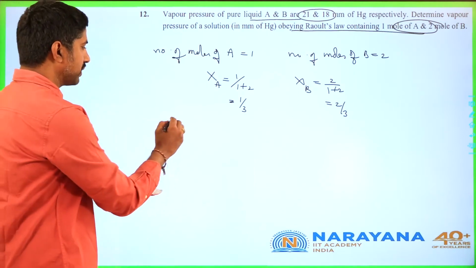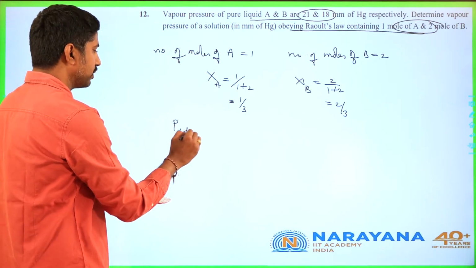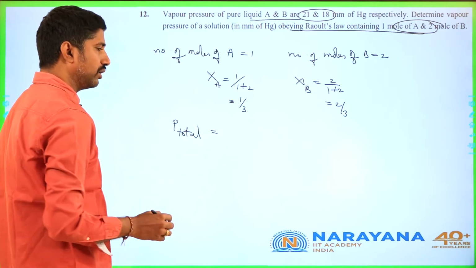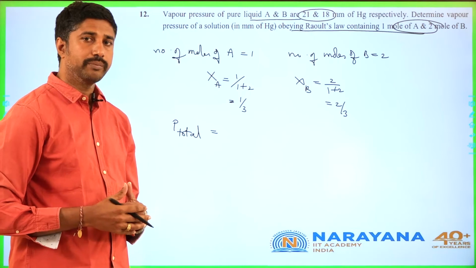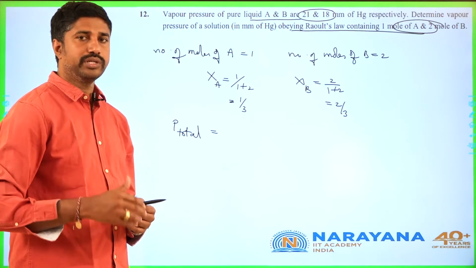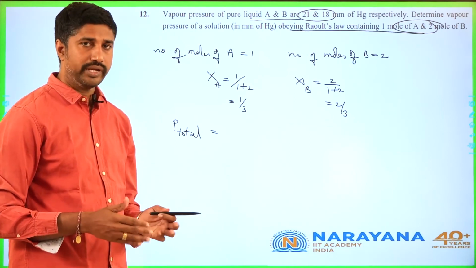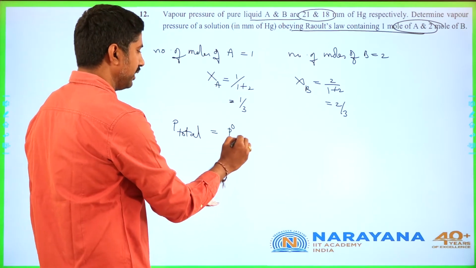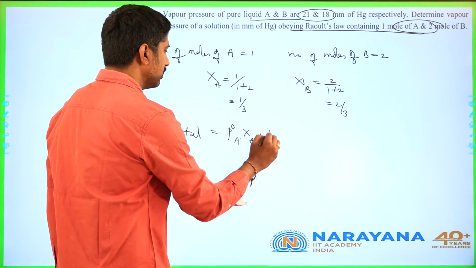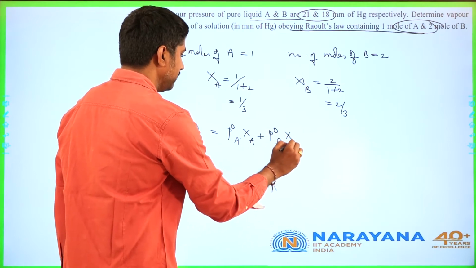Now, as per Raoult's law, the total vapor pressure over the solution containing volatile liquids A and B, P total, we can write as P naught A into XA plus P naught B into XB.